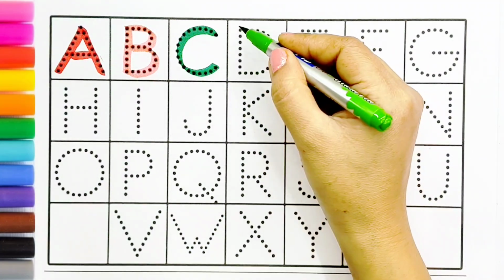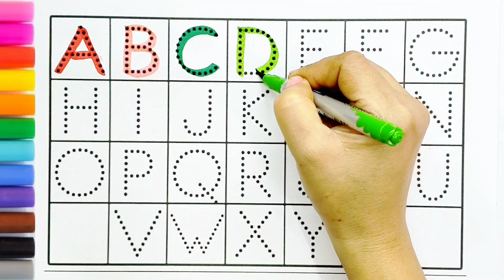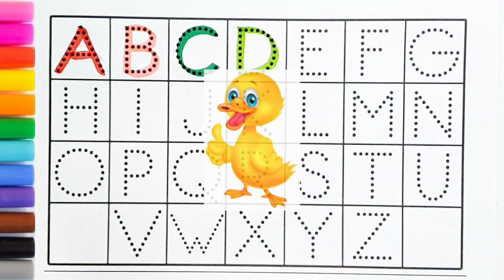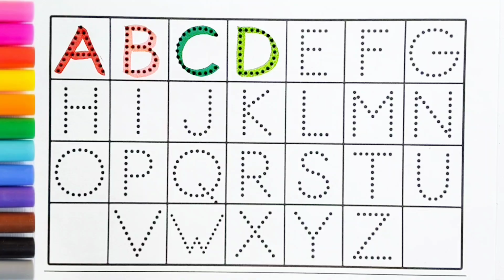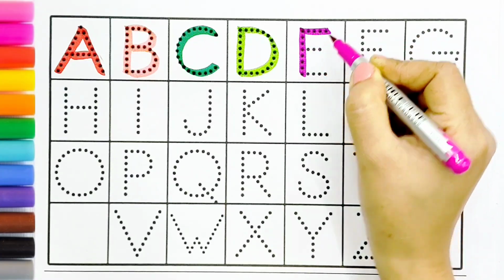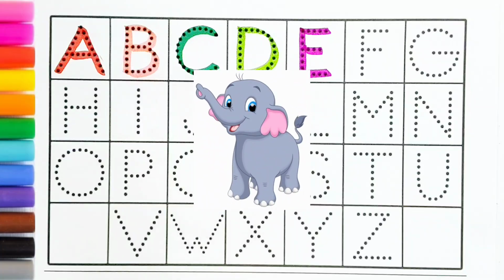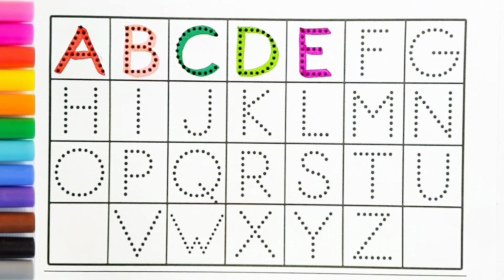Light green color. D. D for duckling. D for duckling. Pink color. E. E for elephant. E for elephant.